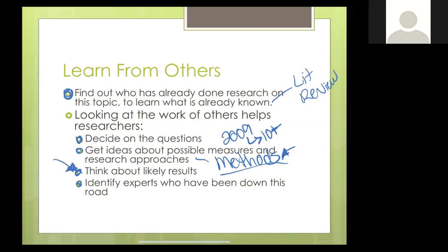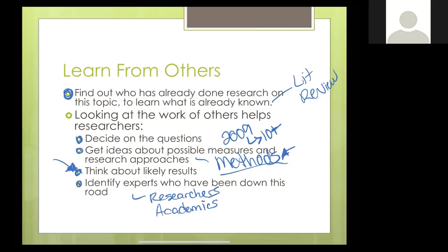This is also useful: being able to identify experts who know the topic very well. Particularly, this means finding researchers or academics. One thing about academics is they tend to be paid to be experts on a certain topic, and they tend to be very interested in giving their advice on things they are experts in.